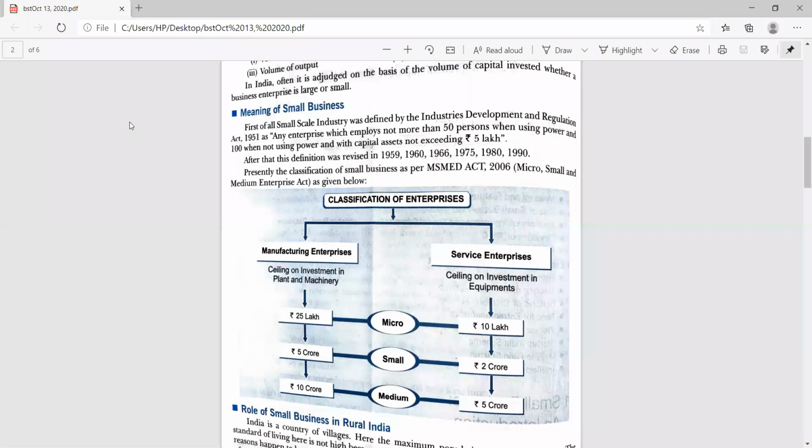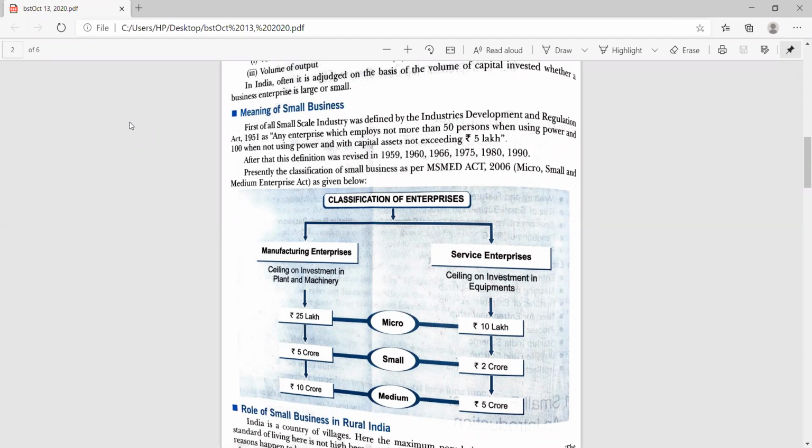Presently, as per the MSMED Act 2006, that is the Micro, Small and Medium Enterprises Act, it classifies business enterprises into two categories: manufacturing enterprises as well as service enterprises.